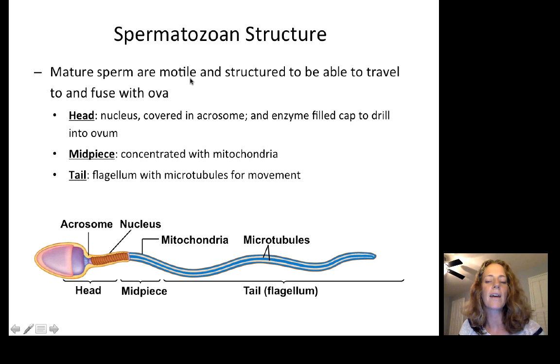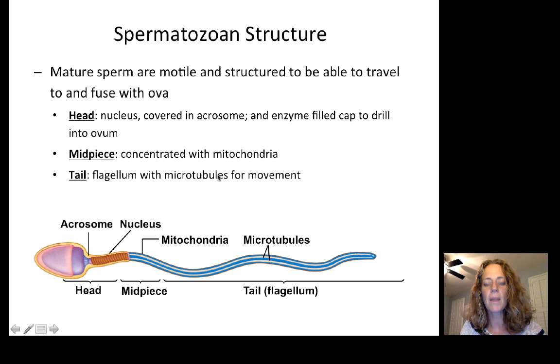And here's the mature spermatozoan structure that is produced from spermatogenesis. Mature sperm are motile, and they're structured to be able to travel to and fuse with the ova. So this tail is a flagellum, which spins and turns and flips around and makes them able to swim up the female reproductive tract.